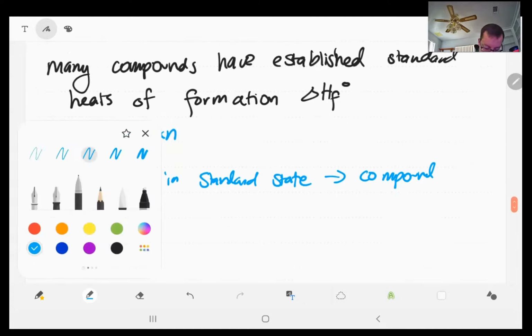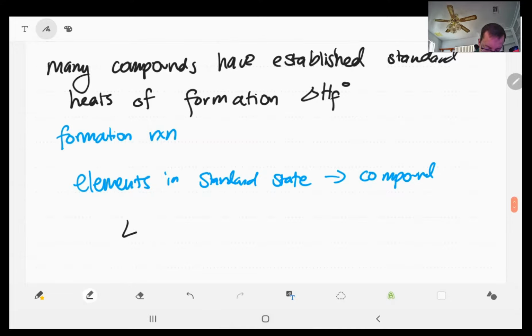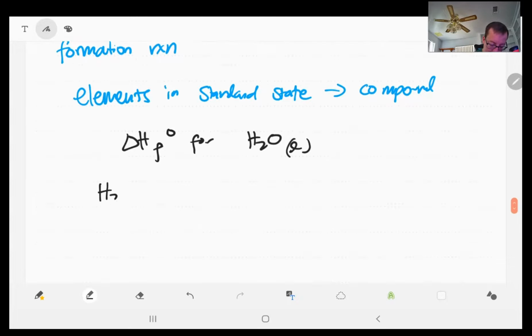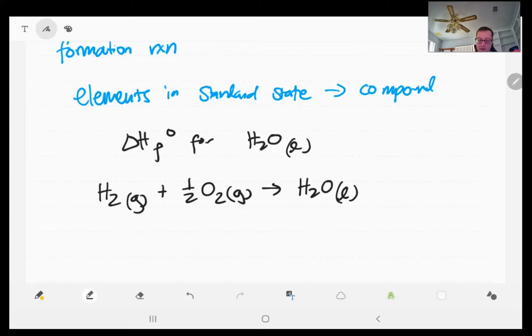For example, delta HF for water would take the elements in their standard state. Both hydrogen and oxygen are diatomic. And we would say that this would be our value for HF. This is the reaction that would be HF. And the value for this is negative 285.8.